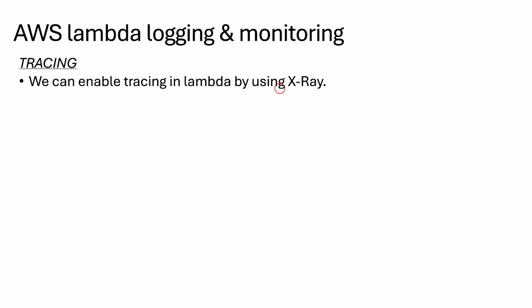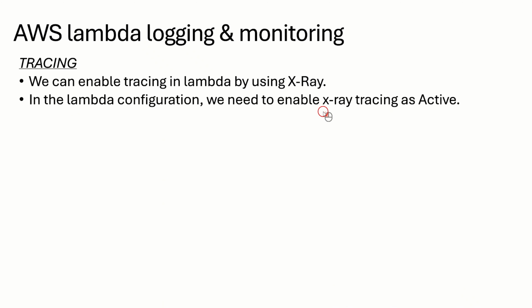In the Lambda configuration section, you can enable this X-Ray tracing. You will have an option and you have to make X-Ray tracing active so that Lambda is ready for X-Ray tracing at the configuration level.